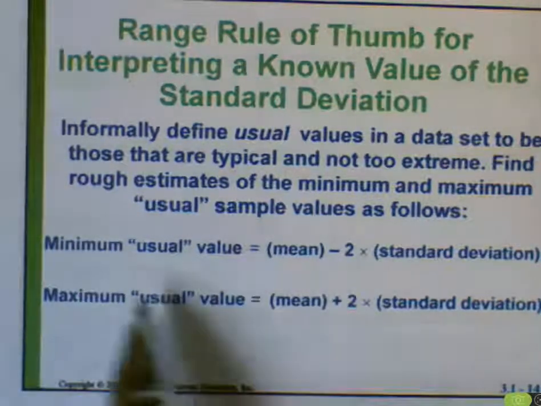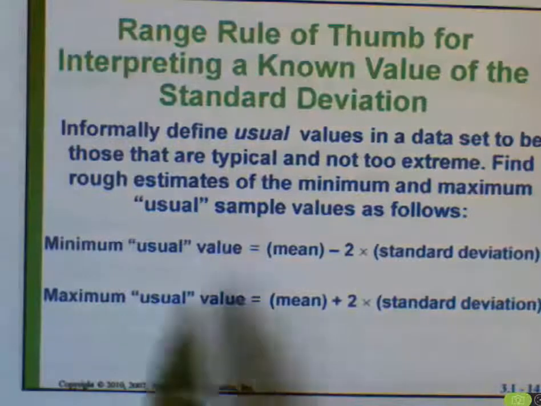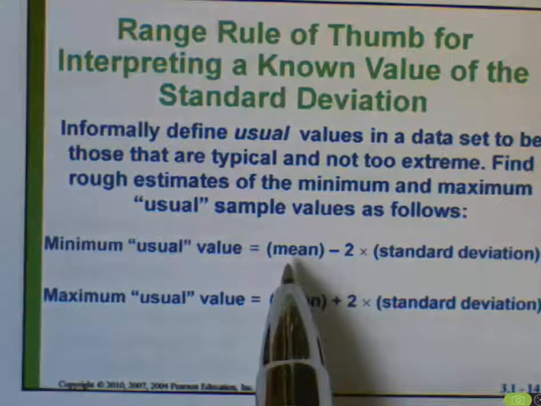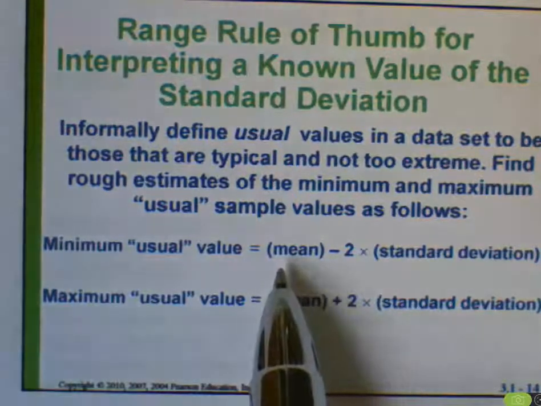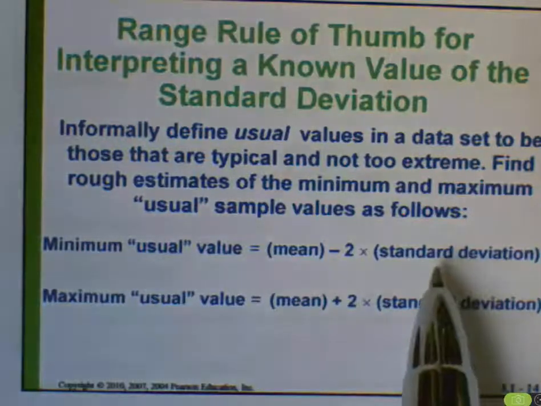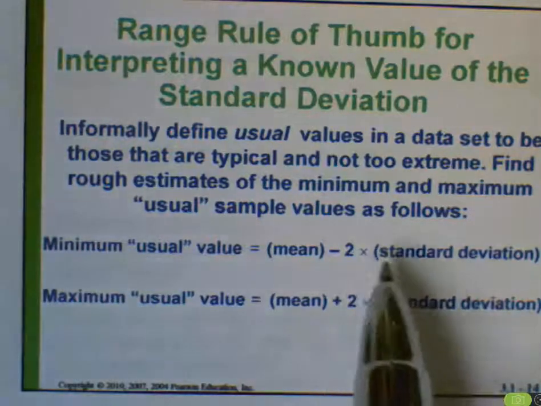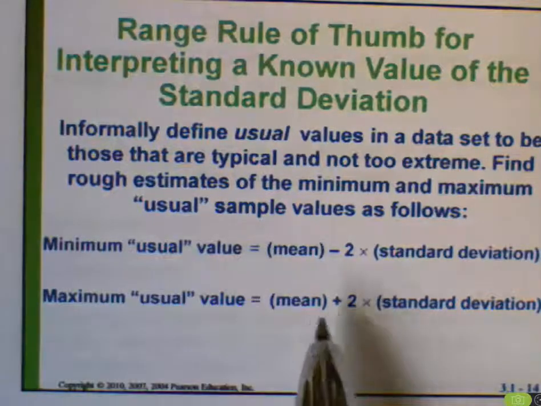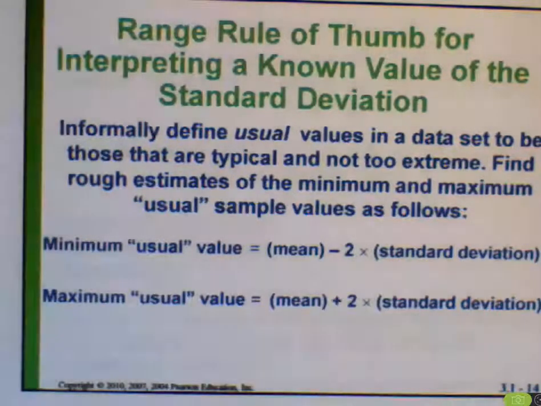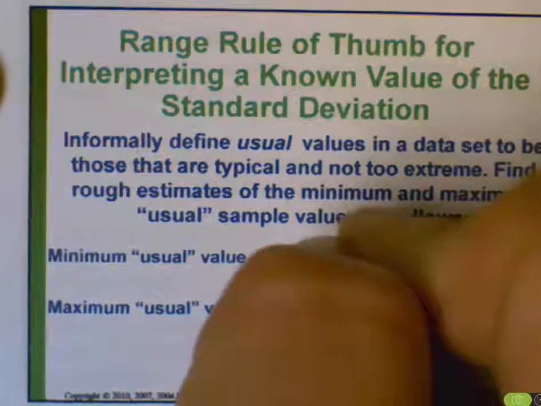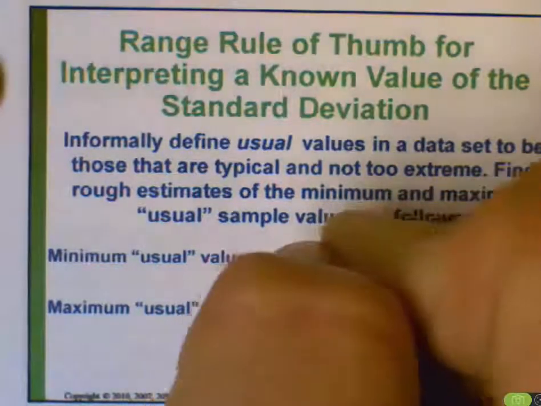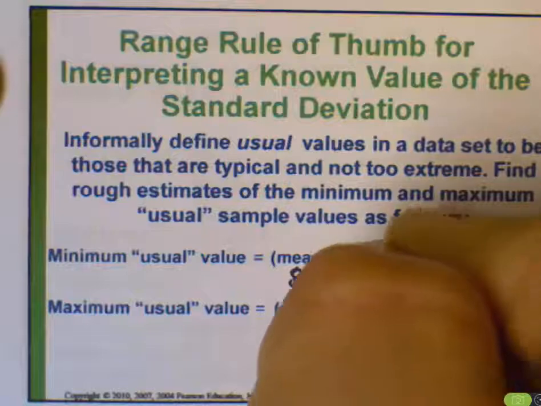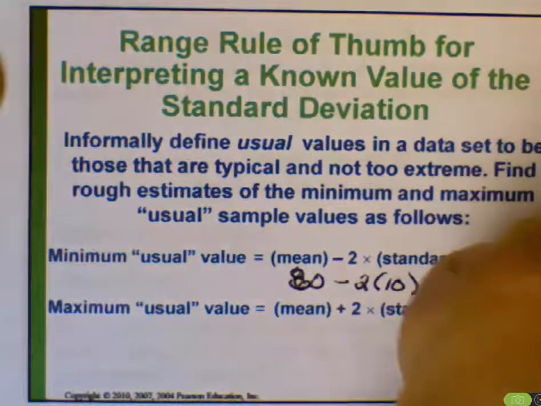We can find the lowest usual value just like we did in the previous example. We said the mean was 80, one standard deviation is 10, so two standard deviations is 20. The lowest usual value would be 80 minus two standard deviations, which is 60.